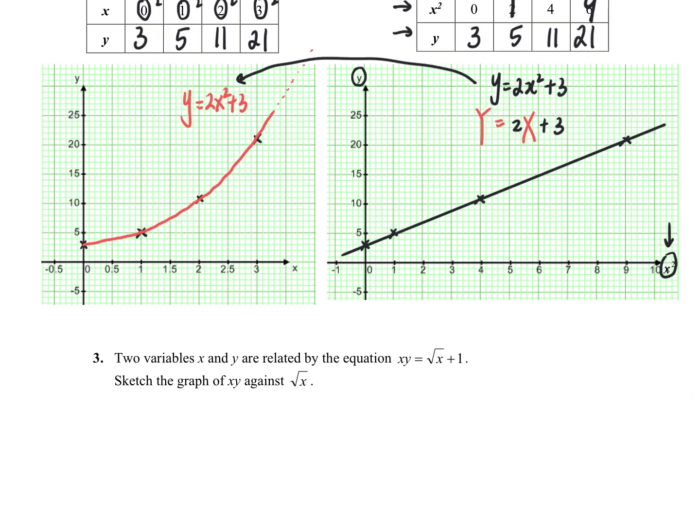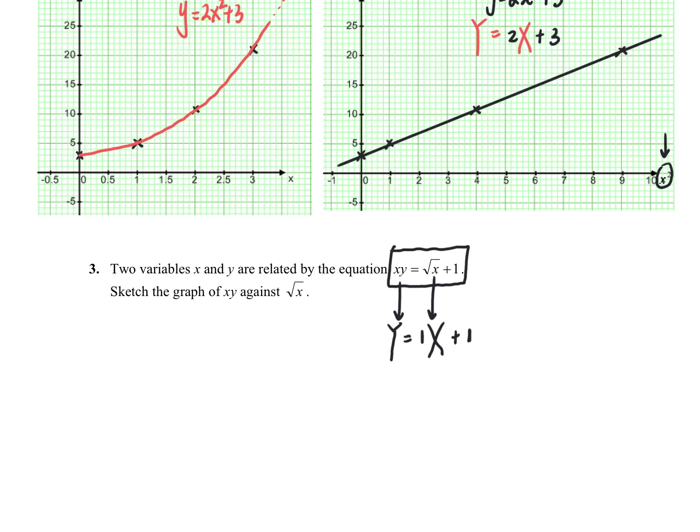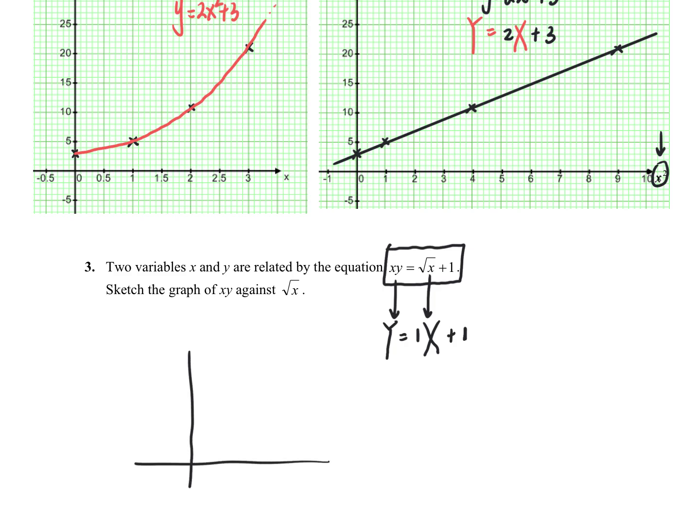So if I give you this equation, how should I linearize it? This is my new y, right? This thing is my new x. And then my gradient is actually 1. And my y-intercept is 1. So actually when they say sketch, when you are drawing, you are plotting this against this.